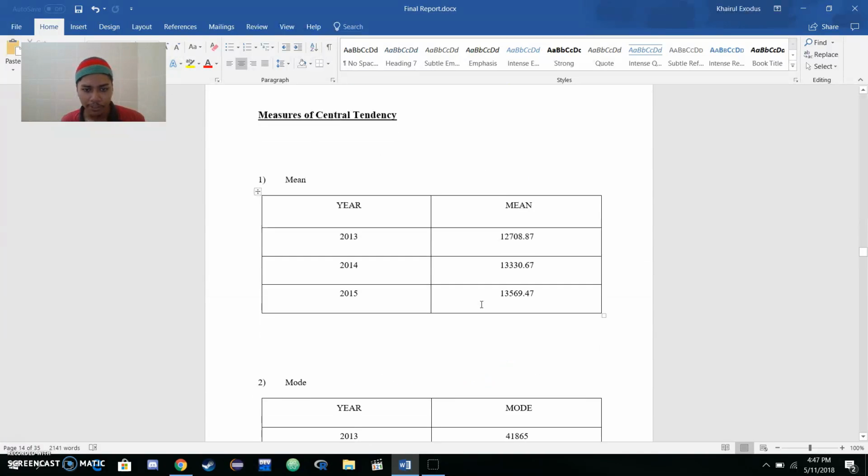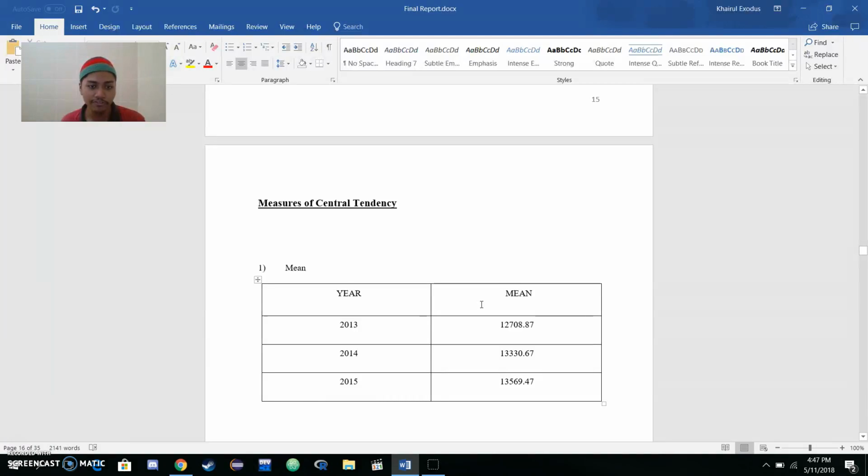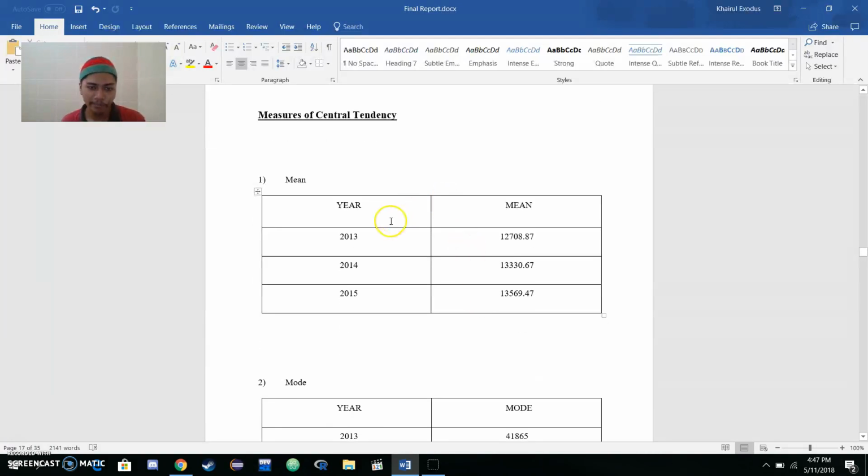Then we did some research on the measures of central tendency. We found the mean for year 2013 is 12,708.87, for 2014 is 30,330.67, and for 2015 is 13,569.47.